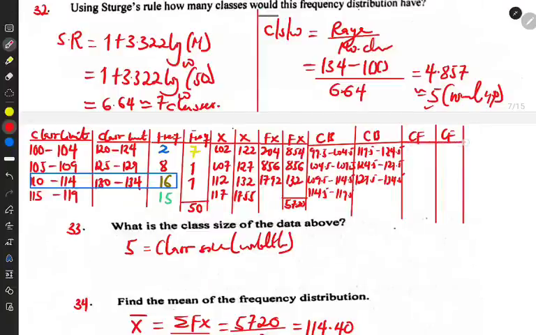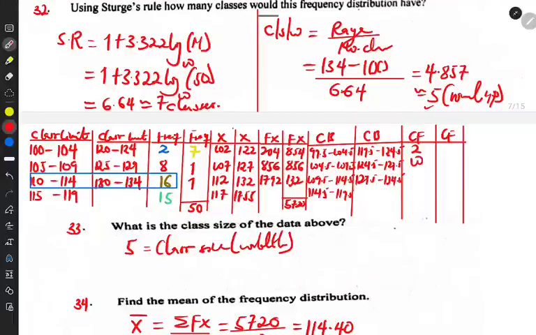So here too, CF means that we're going to add the frequencies in a less than approach or a less than method. So that means that here the first class is supposed to have a cumulative frequency of 2 already written here. Okay. For me to get the next cumulative frequency, I'll add the 2 to the current frequency, and that will give me the next cumulative frequency of 10.